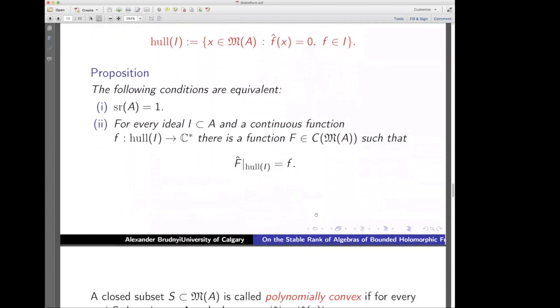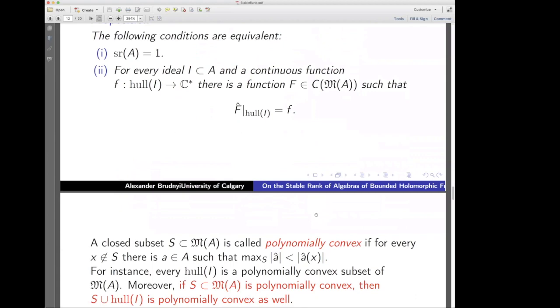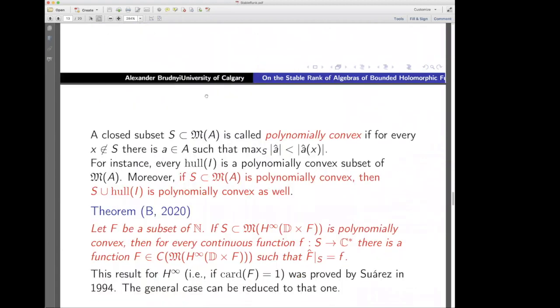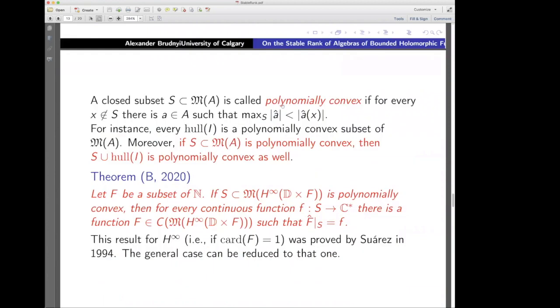So I need some other definitions here. Suppose we have a closed subset S of the maximal ideal space of A. We say that it is polynomially convex if for every point x which is not in S, there is some element a from the algebra A such that the maximum over S of the modulus of the Gelfand transform of a is strictly less than the modulus of the Gelfand transform of a at x.